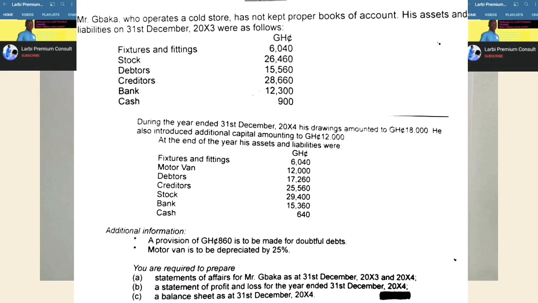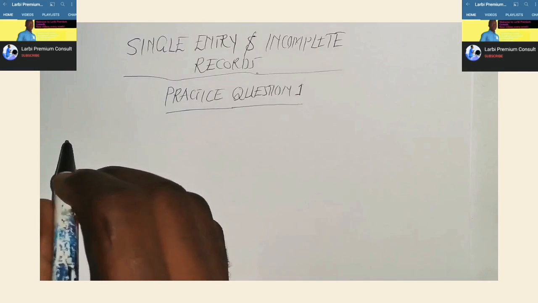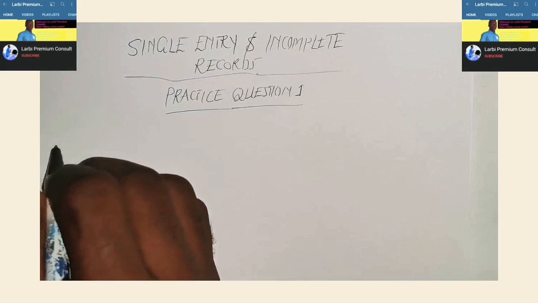So let's start to prepare a statement of affairs for 20X3 and 20X4. Let's take note of that. So I'm going to have my statement of affairs here.